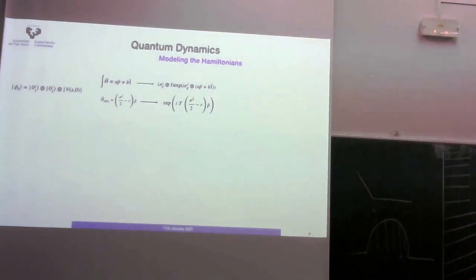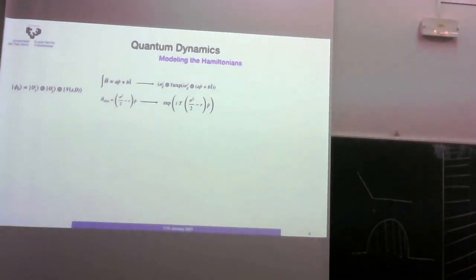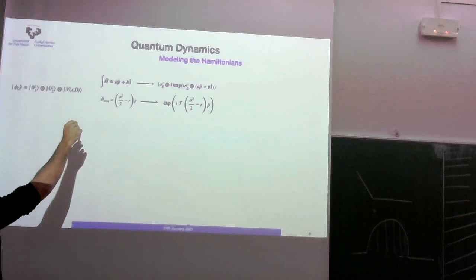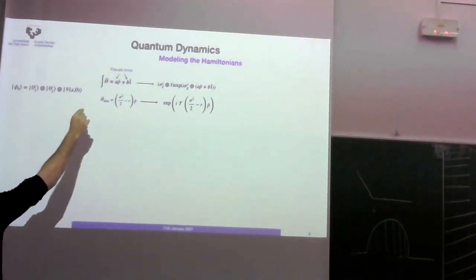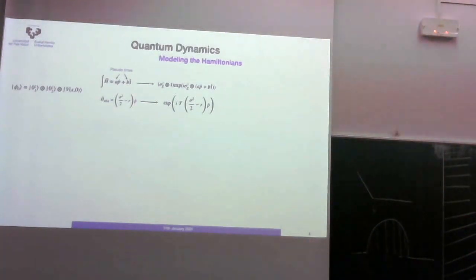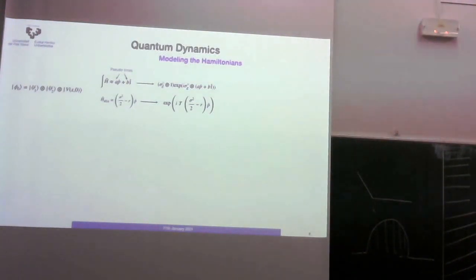And we have two Hamiltonians: the Hermitian one, which is quite easy and straightforward to implement, and the non-Hermitian part that we will approximate by some pseudo time with the momentum and some pseudo time with the identity. So we are looking for this expression to implement the dynamics of our system.